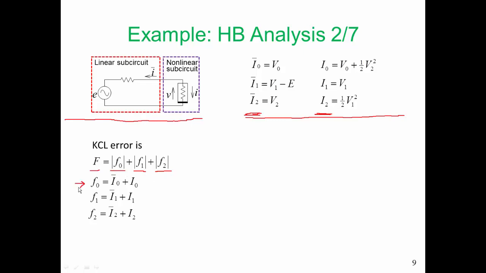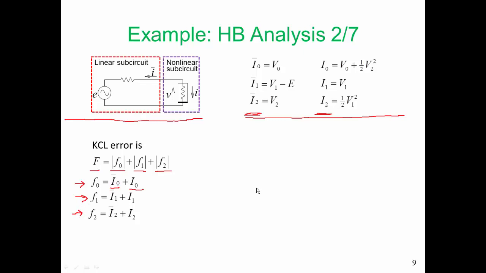F0 is the KCL error contribution at DC. So we take the DC current flowing into the linear subcircuit, compare that to the nonlinear current, and I0 bar and I0 are in opposite directions, so we just add them together to get our KCL error. We do a similar thing at the fundamental at omega, and again we do it at 2 omega.